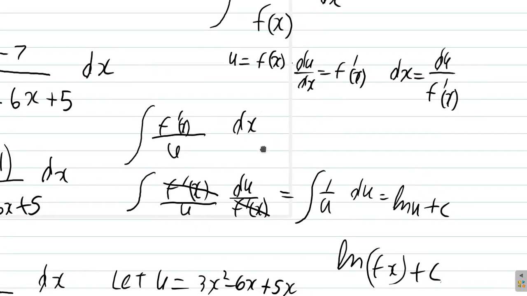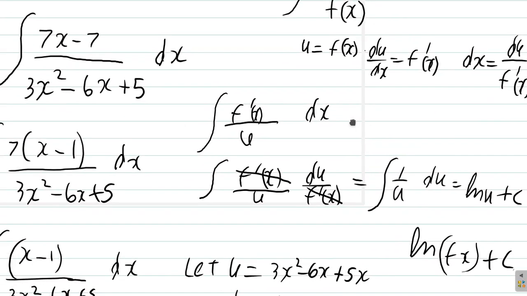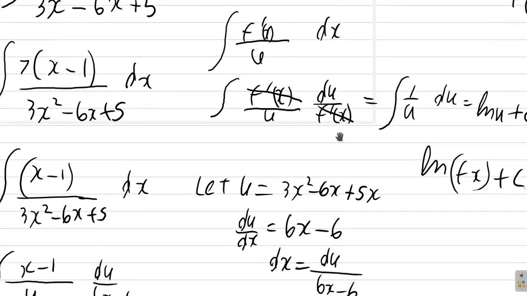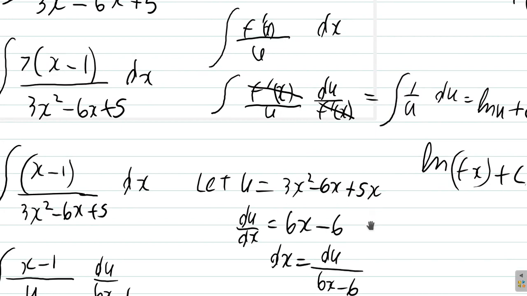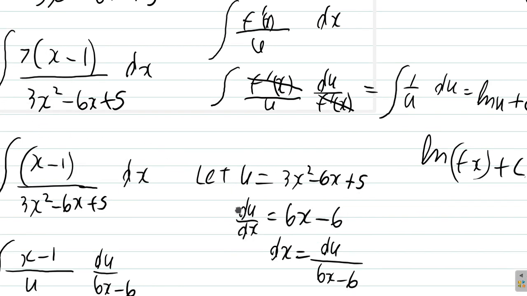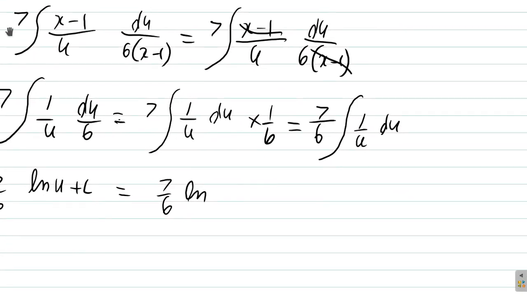Write it back in terms of x. u was 3x squared minus 6x plus 5. So it's ln of 3x squared minus 6x plus 5. Then plus c. Alright? So that is the answer that we have.